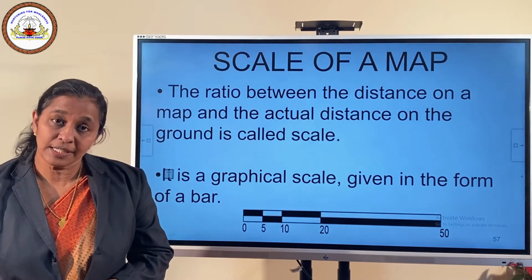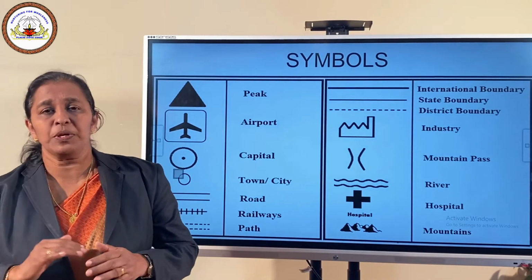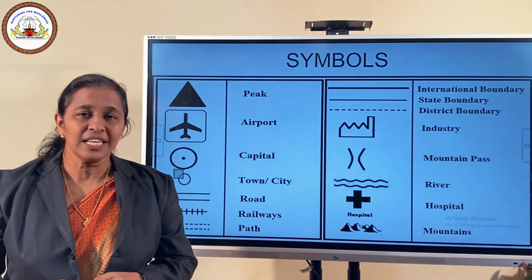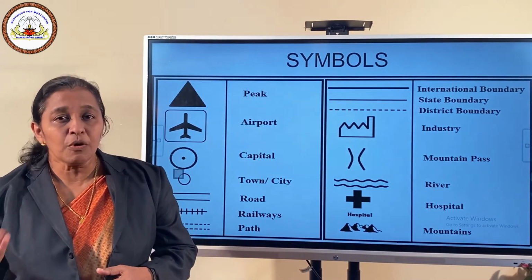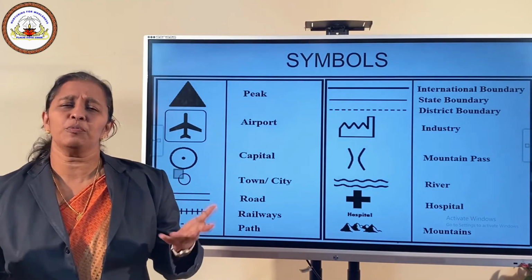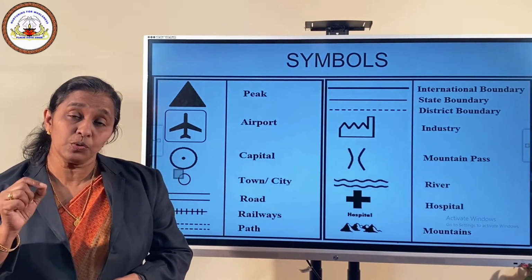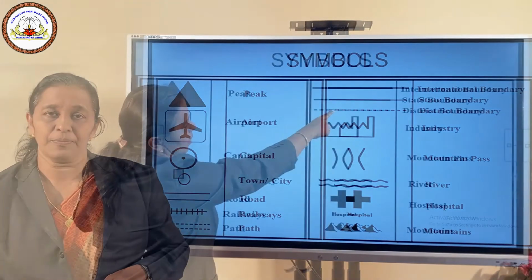Third one, symbols. There is not enough space on a map to show mountains, rivers, lakes, churches, temples, mosques, etc. However, a map without this information would not be useful. So, different symbols are used on a map to give us this information.